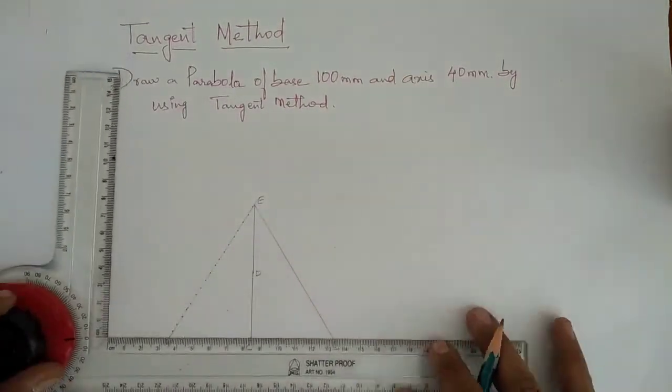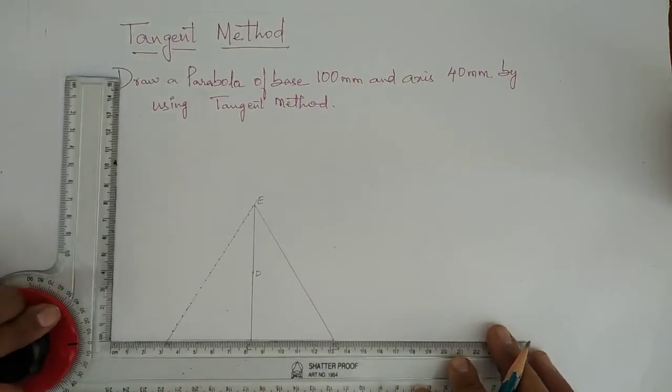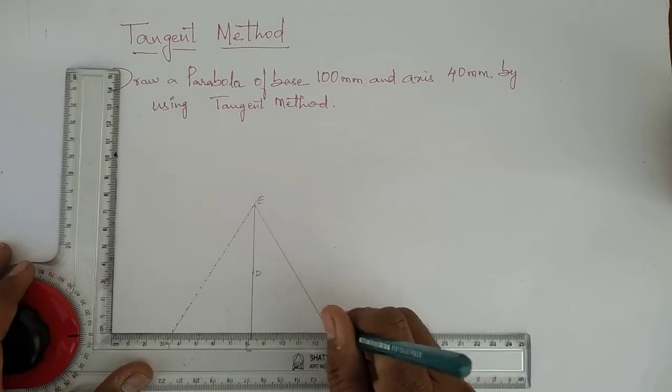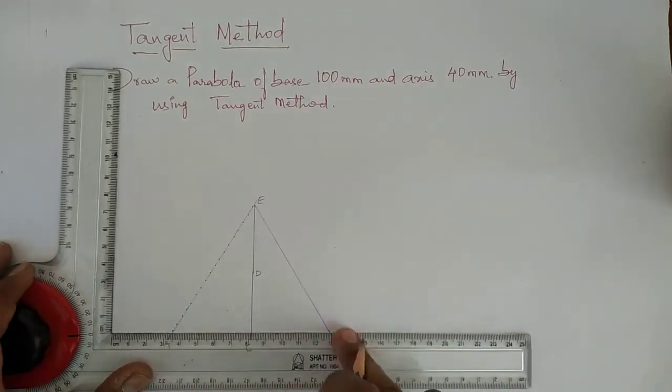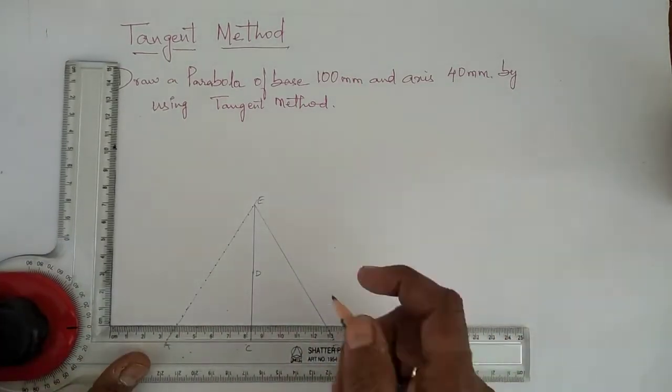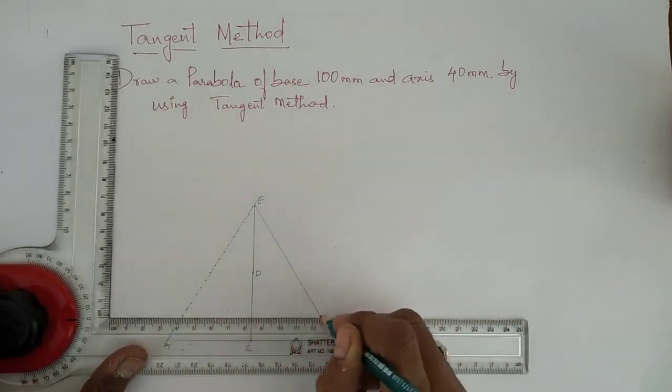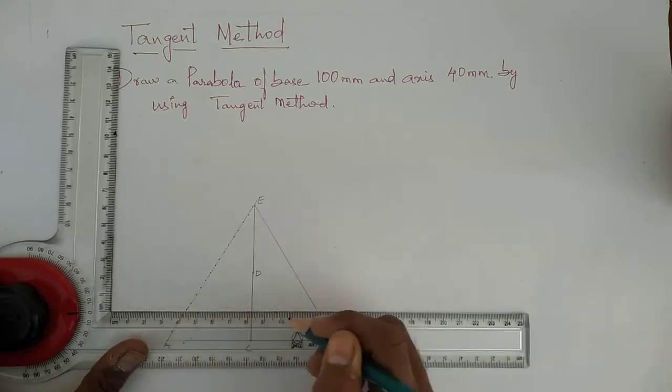Similarly, keeping your drafter scale, mark the adjacent points by keeping your scale as I am doing here. Move to the next corresponding point and locate it here. This makes your work very easy and faster.